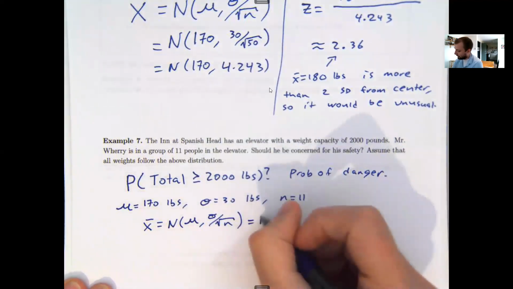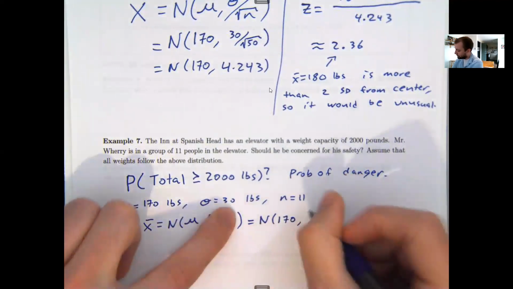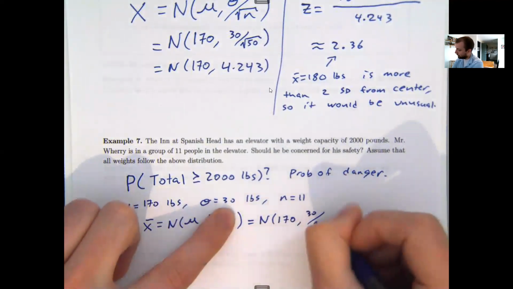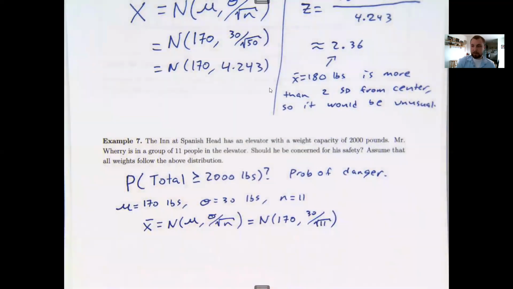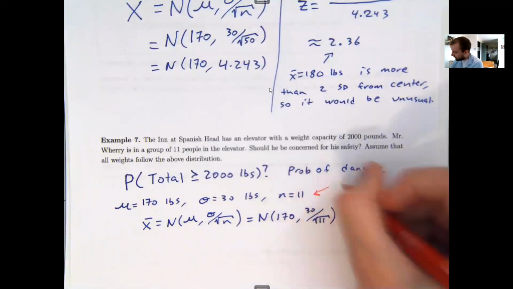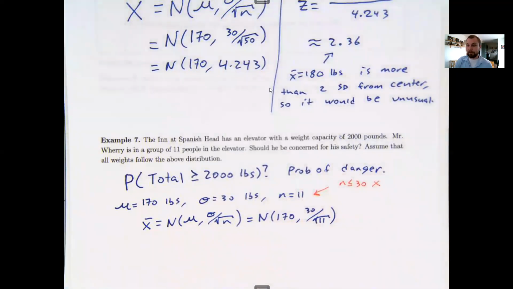In this case, I have 170, I have 30 over the square root of n. My n is 11, and if you're worried that n equals 11 is too small, because this is less than or equal to 30, and that's a bad thing. I should have a large sample to use this.